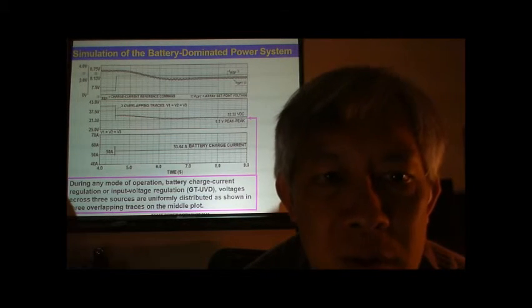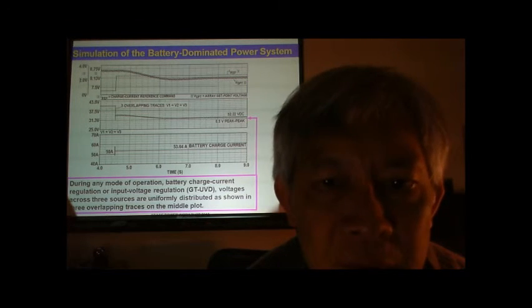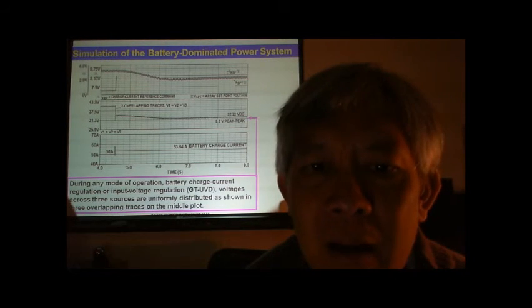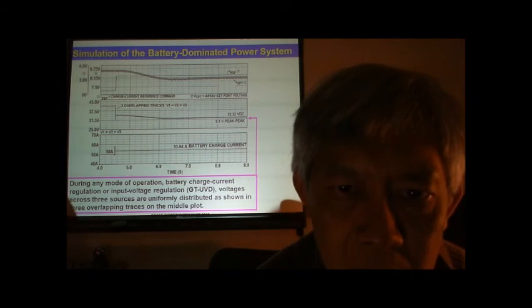In this mode of operation, the battery current is charged at 53.6 amp, which is the maximum current the power system can offer to charge the battery.